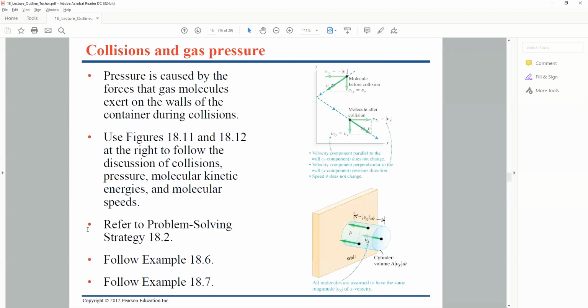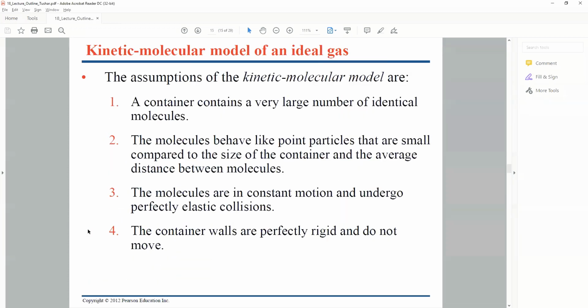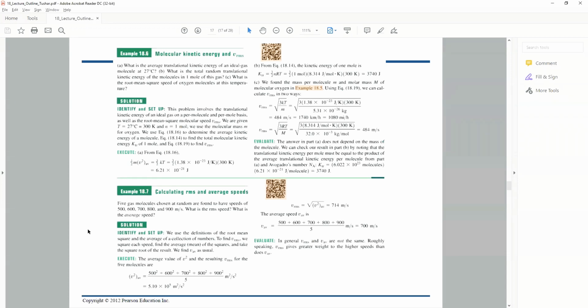It is 3/2 times kT, where k is the Boltzmann constant for a mole of gas, 1.38 times 10 raised to negative 23 joules per Kelvin, multiplied by the temperature, 27 degrees Celsius.